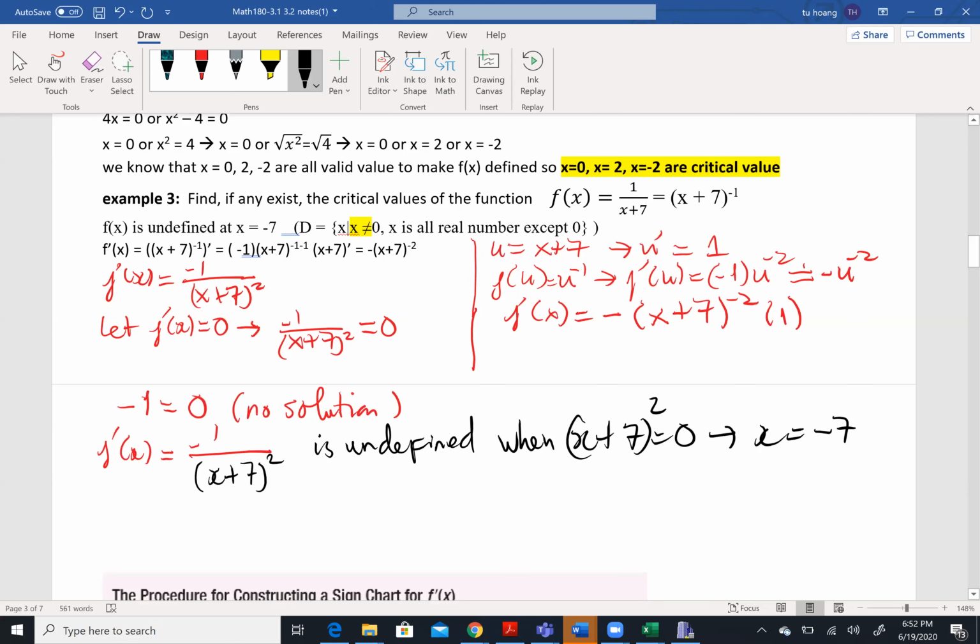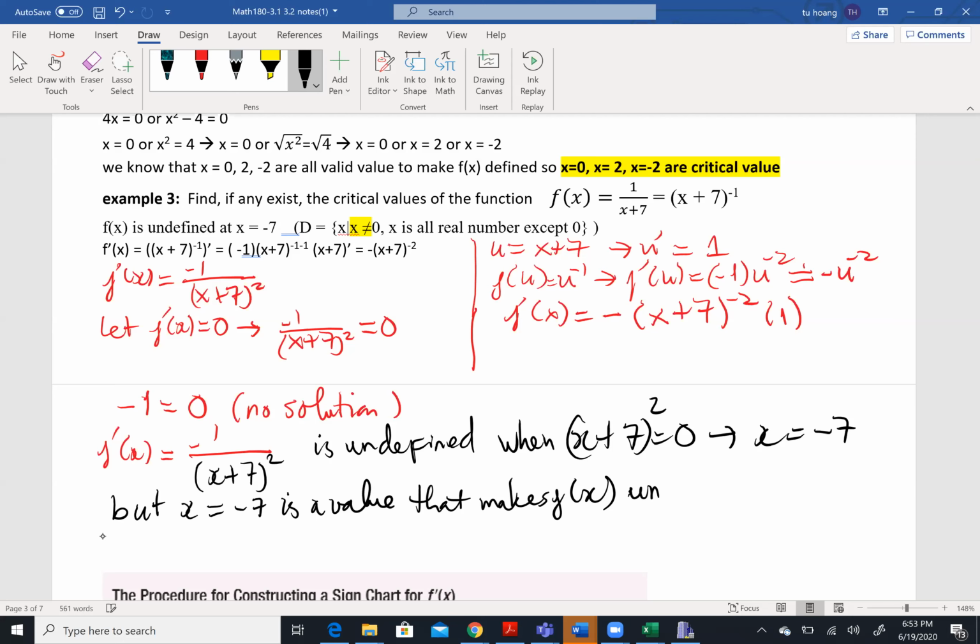Okay, but you have to know that x equals -7 is an invalid value, a value that makes f(x), the original function, undefined, right?